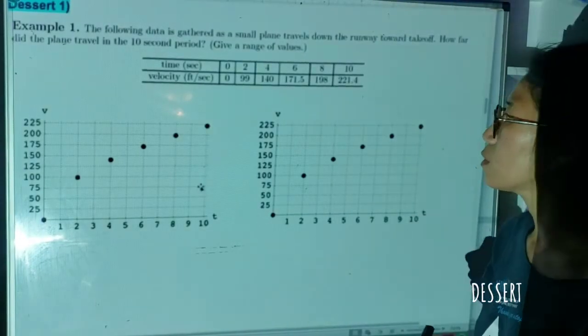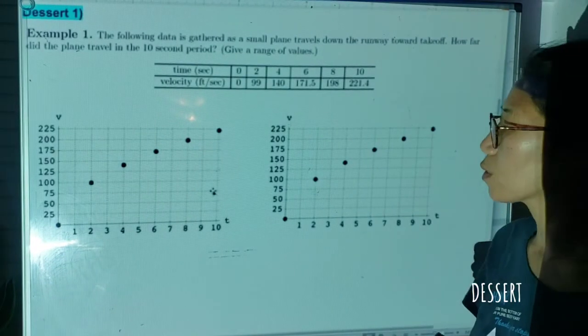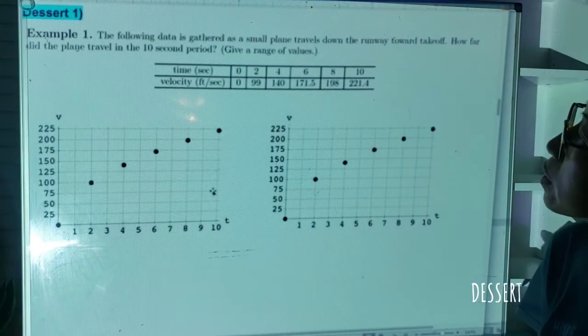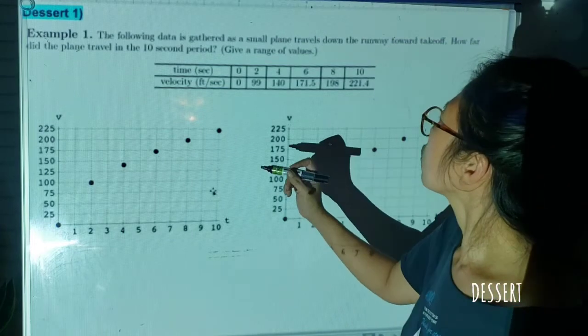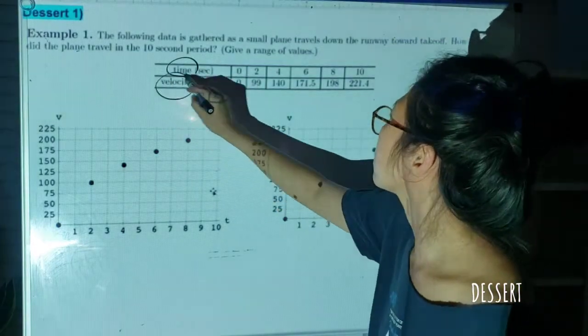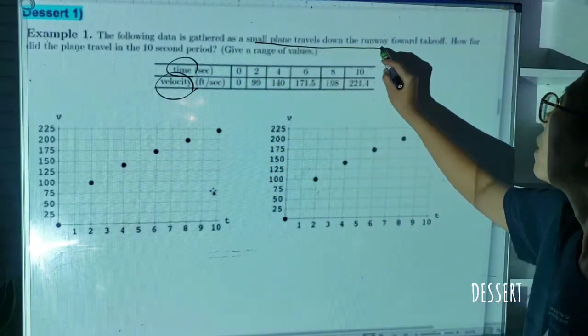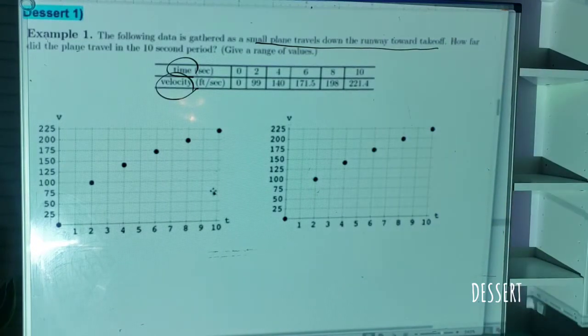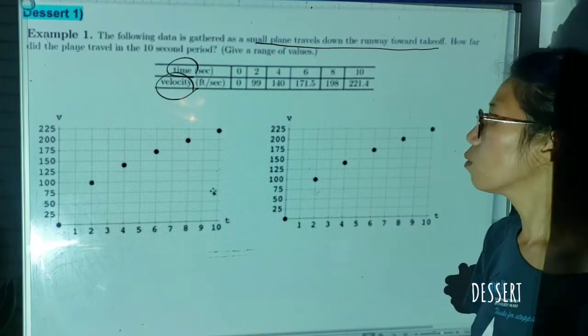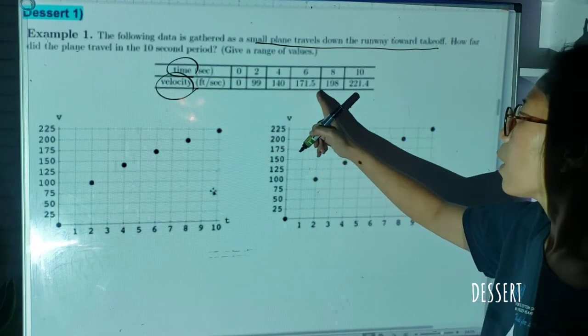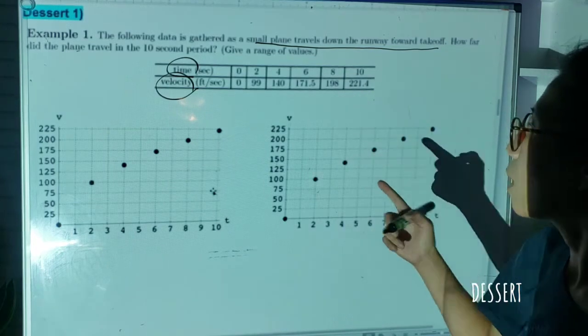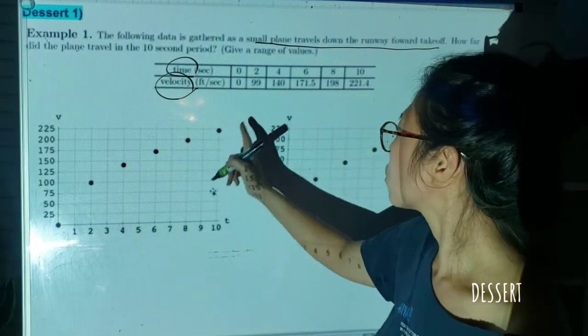So let's look at our dessert. If you look at our dessert in here, we want to see the data, and they gave me the relationship between time and velocity of the plane as it travels down the runway and tries to take off. How far did the plane travel in the first 10 seconds? They gave me the time every 2 seconds, so I'm going to plot those points as you see.